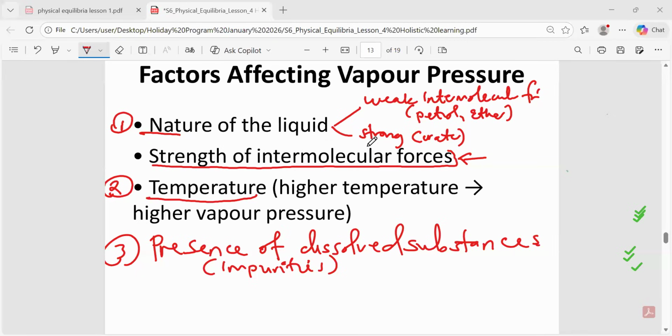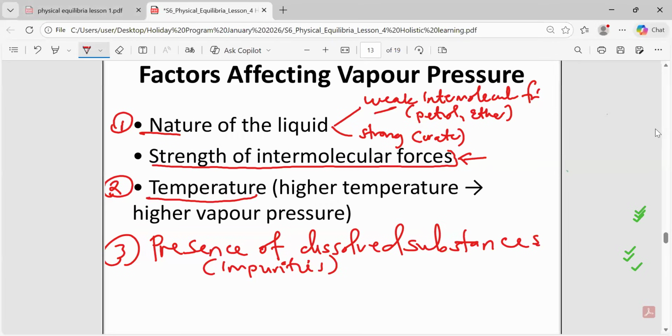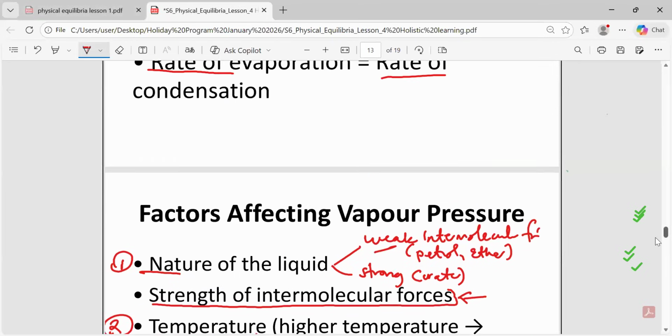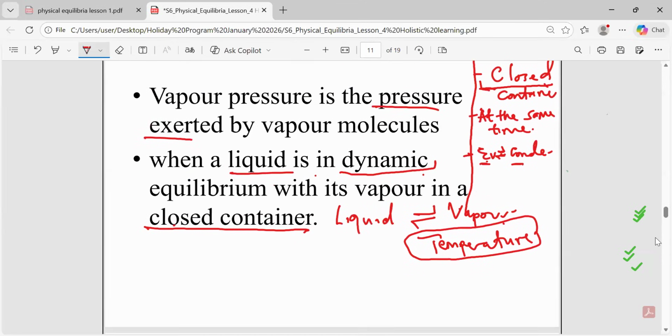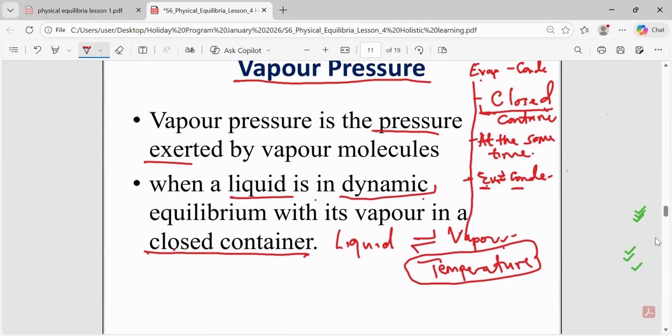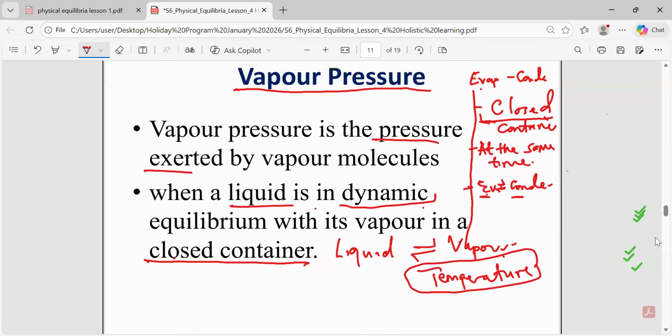So we are saying that if the intermolecular force of attraction is strong, the vapor pressure becomes low. If it is weak, the vapor pressure is high. You recall the definition of what vapor pressure is: the pressure exerted by vapor molecules.